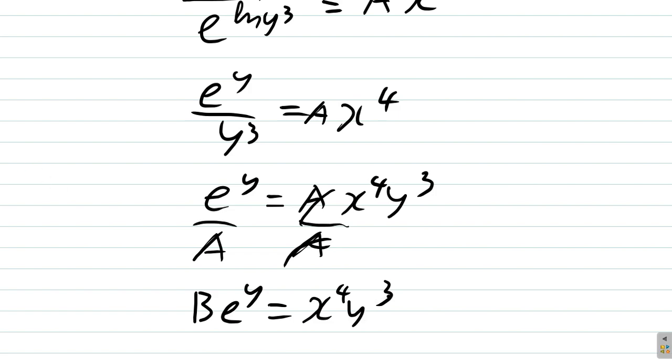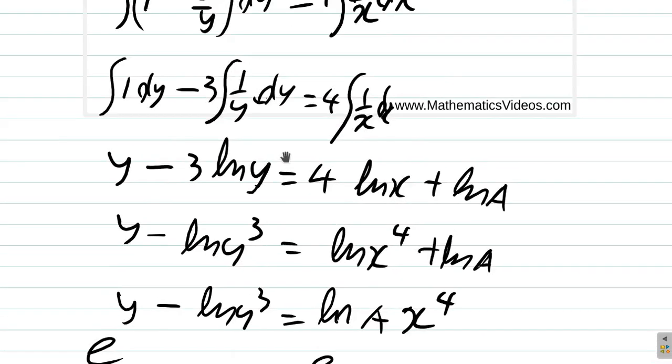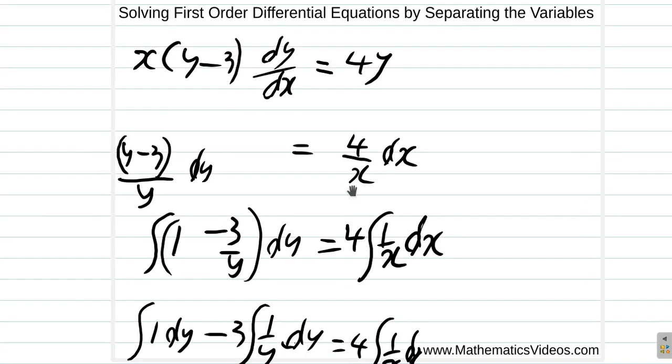Alright, but a quick review. You have x, y minus 3, dy by dx equal 4y. You want a function of y dy on the left equal a function of x dx on the right. So, what we'll do here, divide both sides by y to get the y on the left, multiply by dx to get the dx on the right, and then divide by x to get the x on the right.